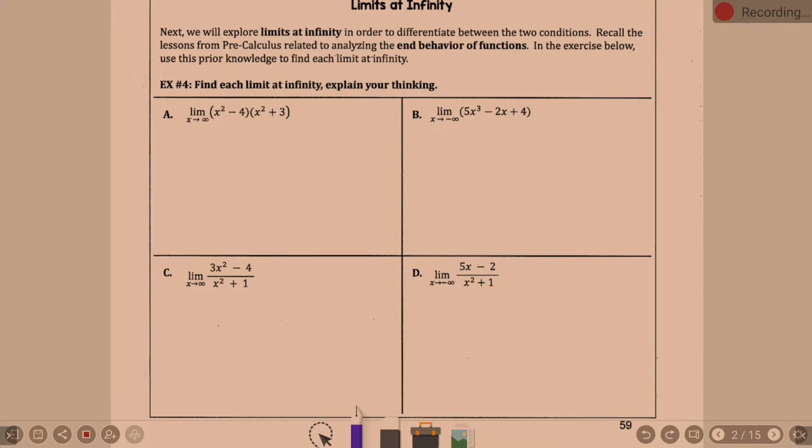End behavior is what a graph does as it goes infinitely left and infinitely right. End behavior is also commonly associated with horizontal asymptotes, right? If there's a horizontal asymptote, your graph is going to follow that horizontal asymptote or slant asymptote. That also counts as end behavior.